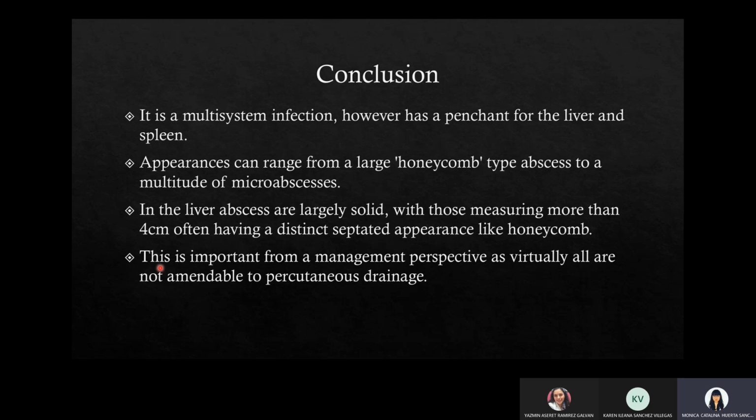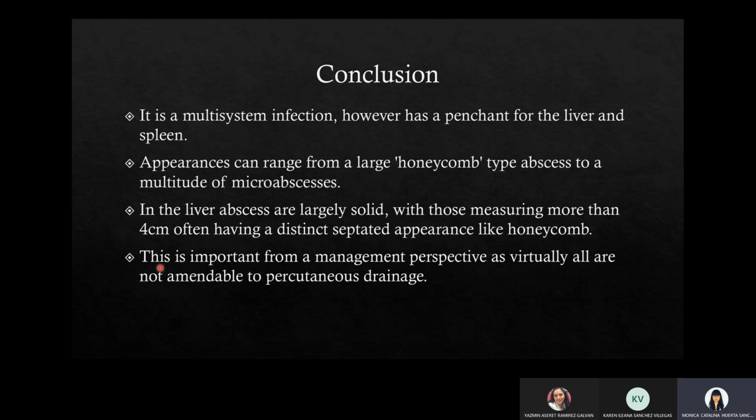So, in conclusion, we can say that melioidosis is a multi-system infection. However, it has a penchant for the lungs, the spleen, and the liver. The appearances can range from a honeycomb pattern in the case of abdominal involvement, which can be multiple microabscesses that can coalesce.